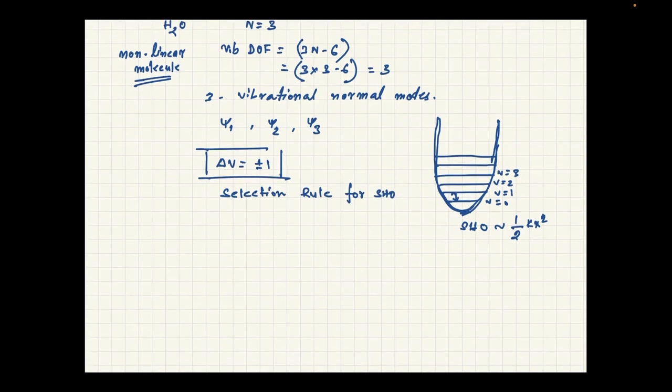So the first normal mode psi 1, which is in v equal to 0, is going through a transition from psi 1 v equal to 0 to psi 1, let's say v equal to 1, like this particular transition.